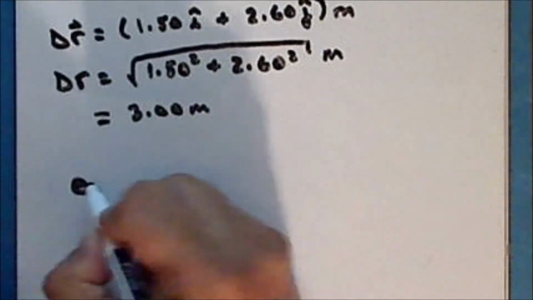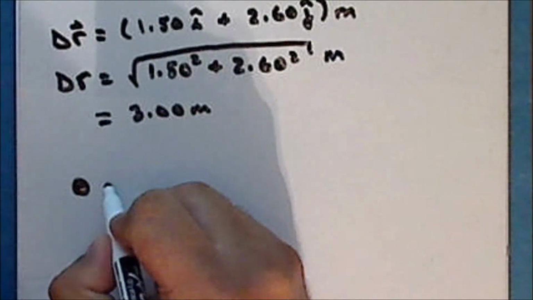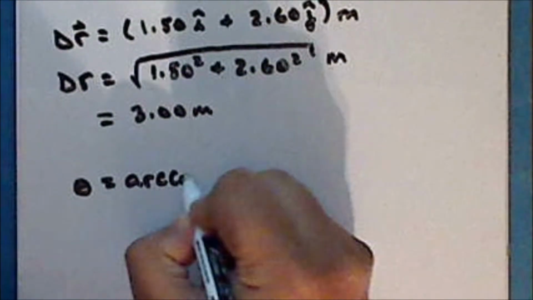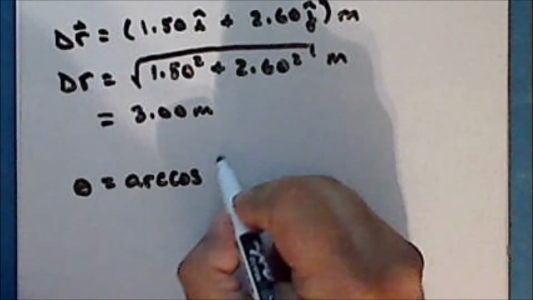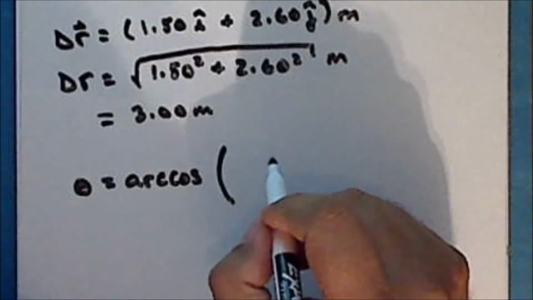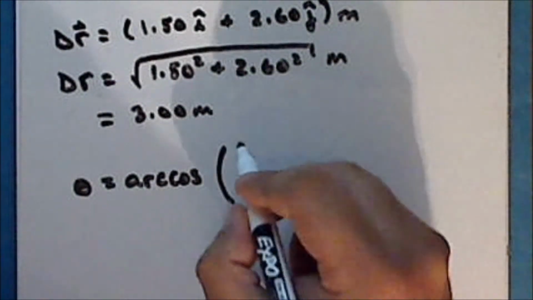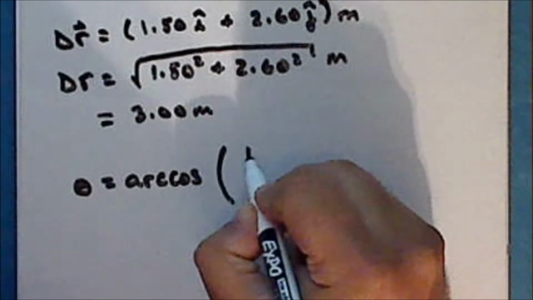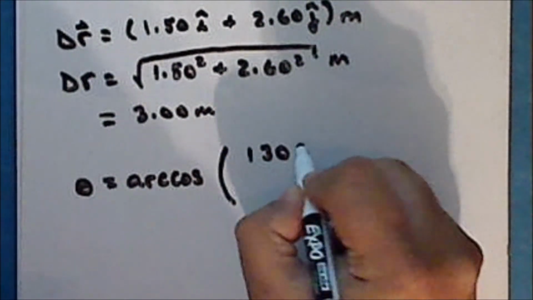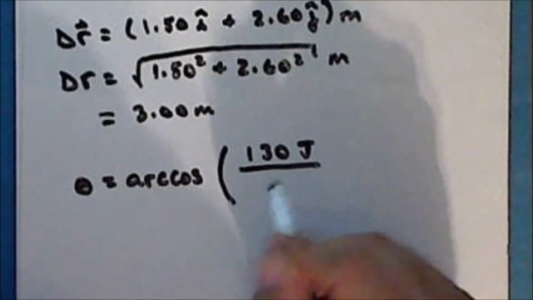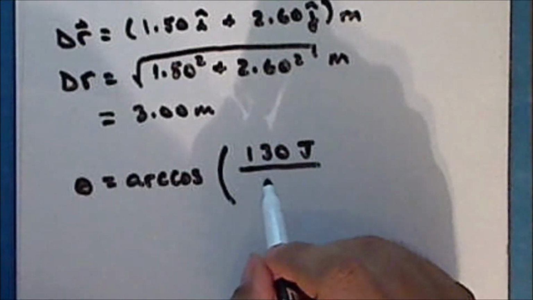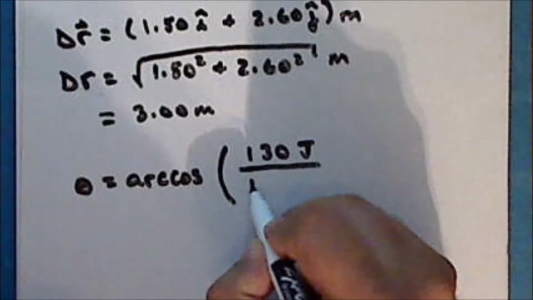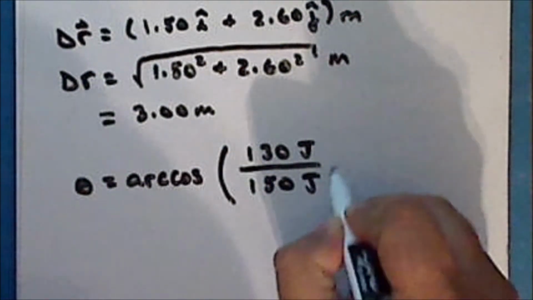And so the angle theta between the force and displacement vectors is the arc cosine, or inverse cosine, of the dot product of the force and displacement vectors, which from the previous problem is 130 joules, divided by the product of the magnitudes of the force and displacement vectors, which is 150 joules.